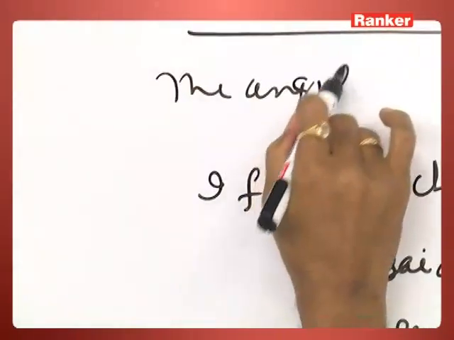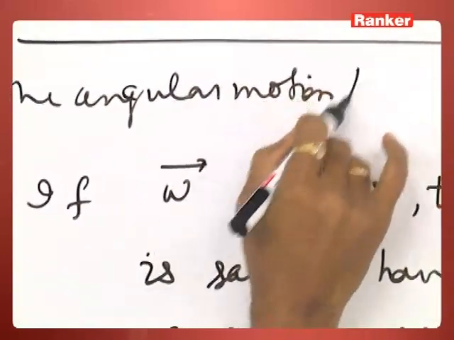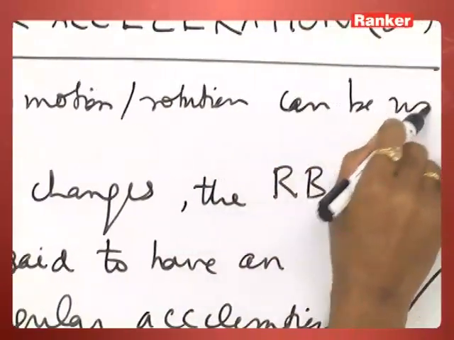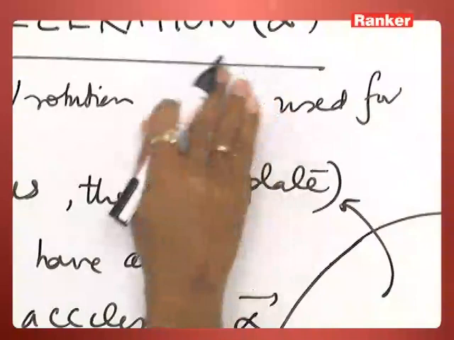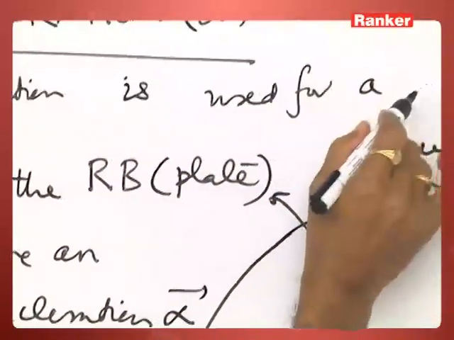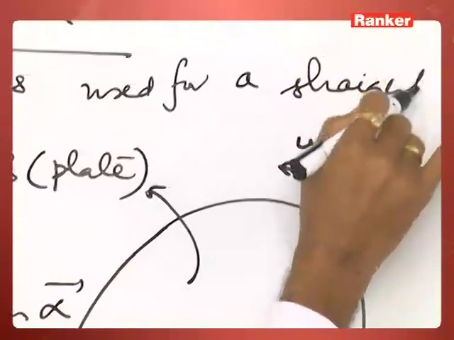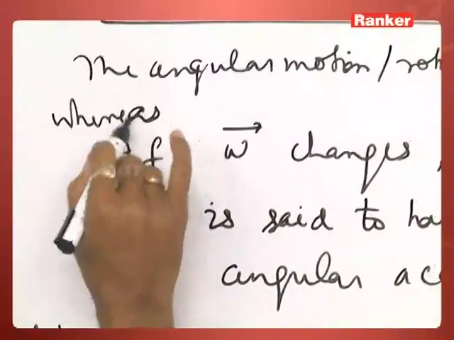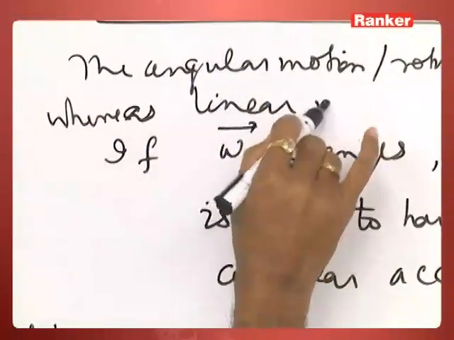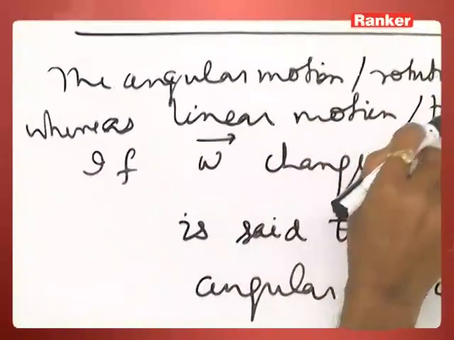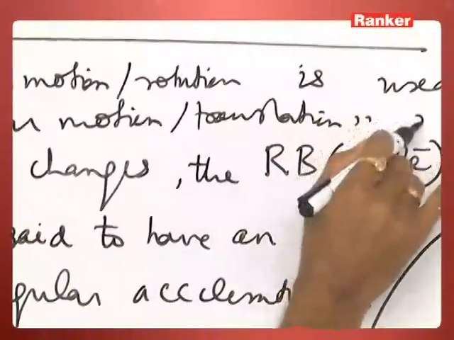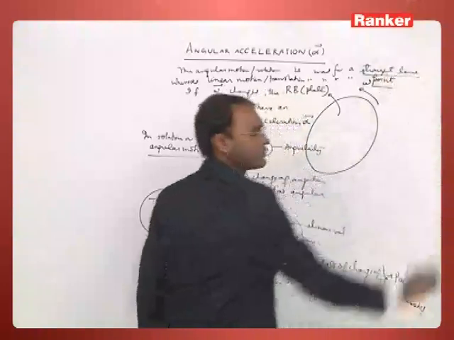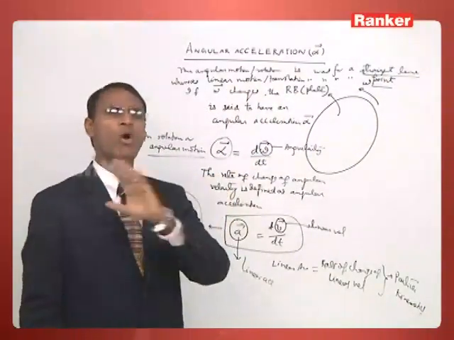The angular motion or rotation is used for a straight line, whereas linear motion or translation is used for a point. Rotation of a point has no meaning at all.